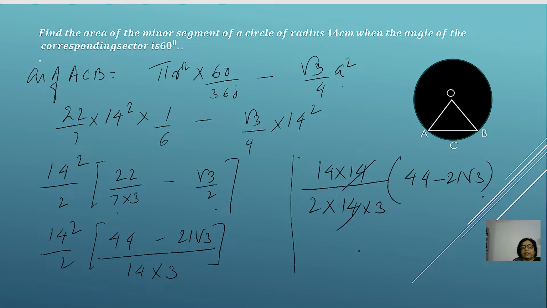So 14 gets cancelled and we are left with 7 by 3 outside the bracket, and within the bracket 44 minus 21 root 3. So let us simplify this further. We'll get over here 7 by 3 and 44 minus 21 root 3.